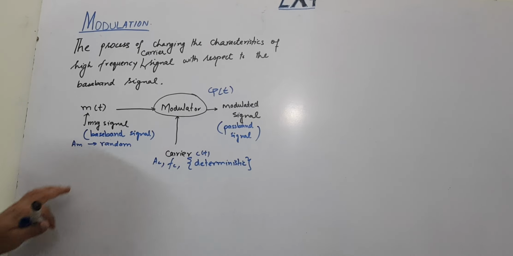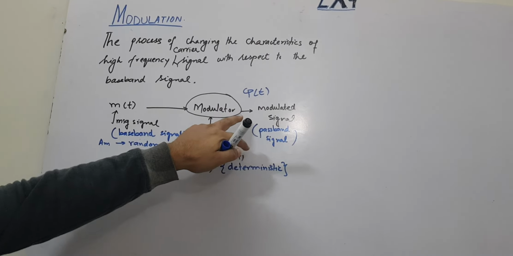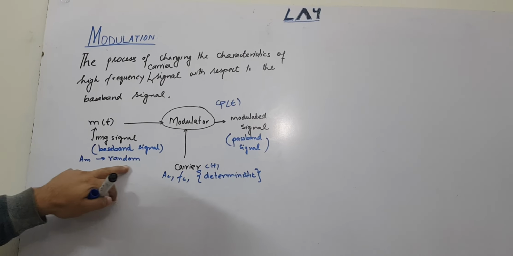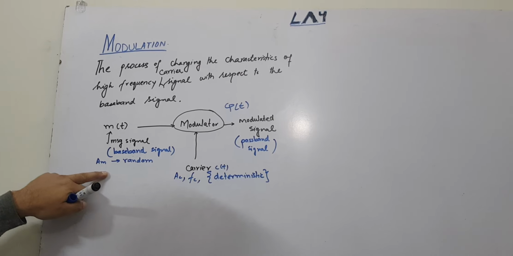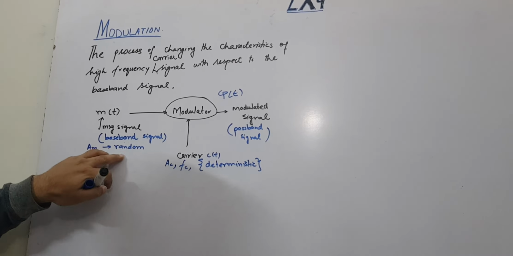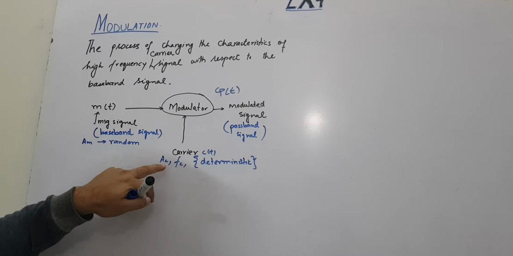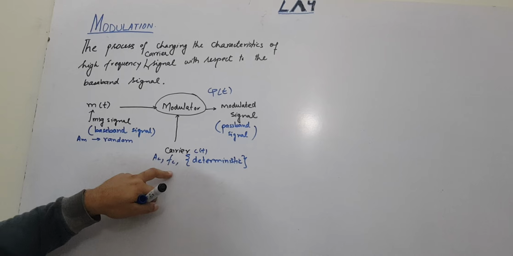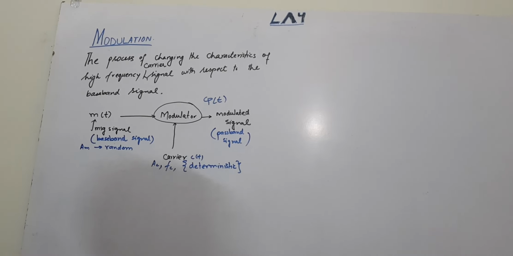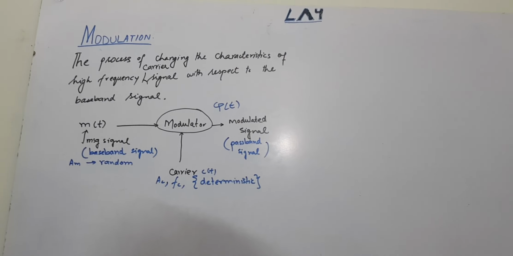It means that the modulated signal is random as well, and its randomness is controlled by the randomness of the baseband signal. You vary the baseband signal, and based on that the amplitude, frequency or phase of the carrier is varied, and then you can name the modulation based on the variation of these different components.